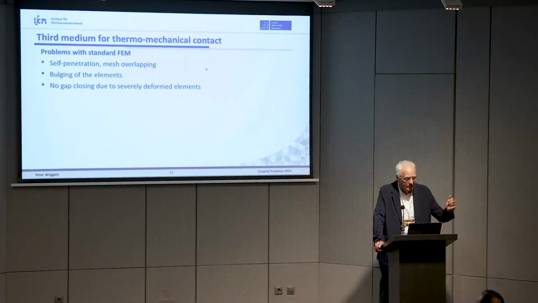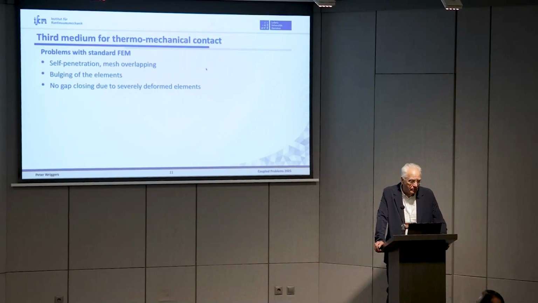Now, what are the problems if you do this? I mean, you can do this right away, which is very simple. You could implement this even in a standard Abaqus thing. But what we get if we don't do anything else, we get self-penetration, we get bulging of elements, and the gap is not closing.